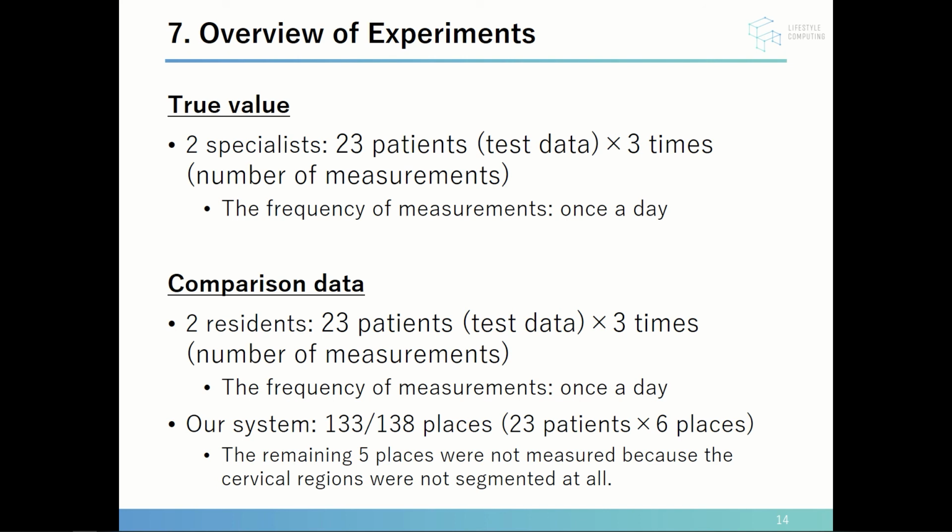In the measurement of the Cobb angle in the test, the number of places where automatic measurement was possible was 133 out of 138 places for 23 persons. The remaining 5 places were not measured because the cervical region was not segmented at all.